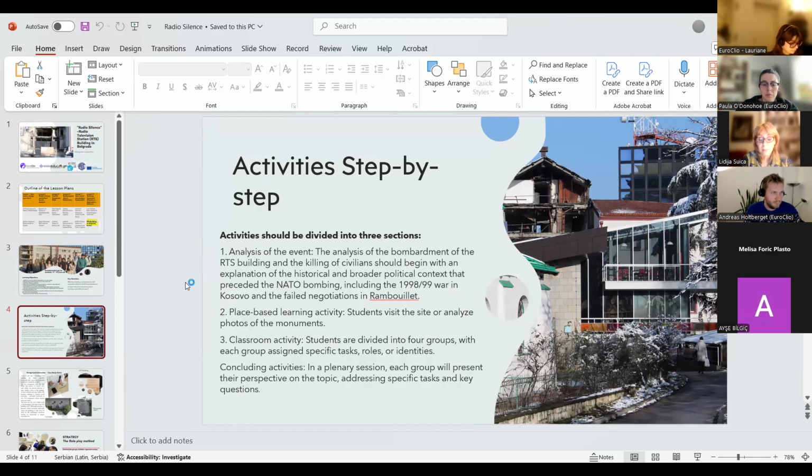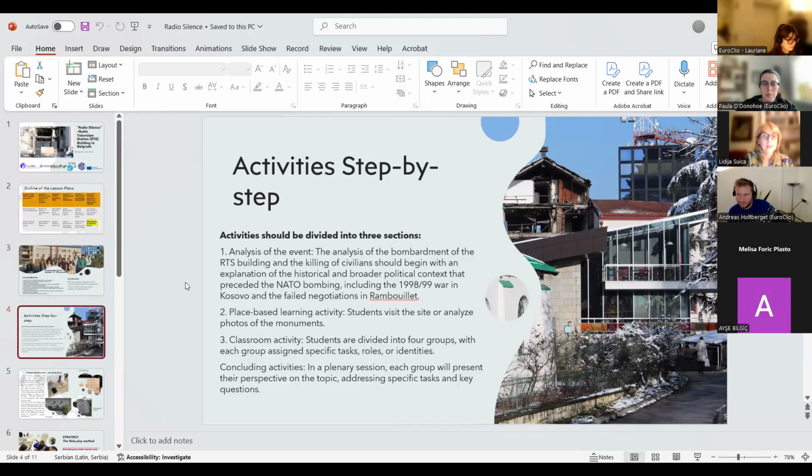Then we had a classroom activity and, so to say, the concluding activity, which was like the next class, but only for 5 minutes. It was dedicated to this questionnaire evaluation.